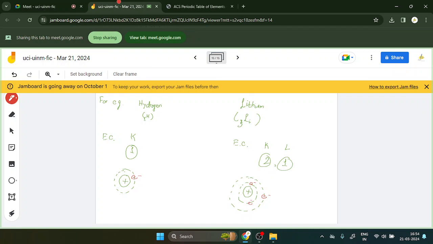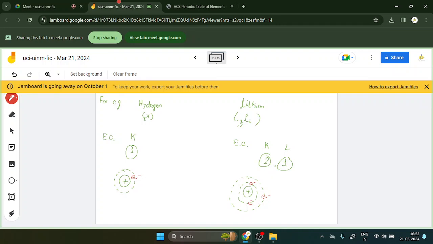The number of electrons increases. Nuclear charge and atomic number increase in the same period, and when the atomic number increases, the size decreases. So across the period, size will decrease. Any problem so far?